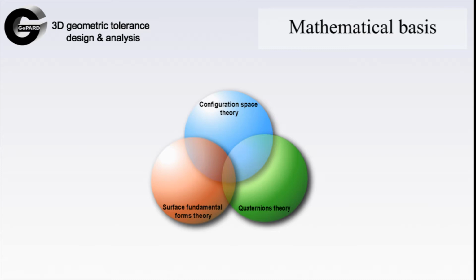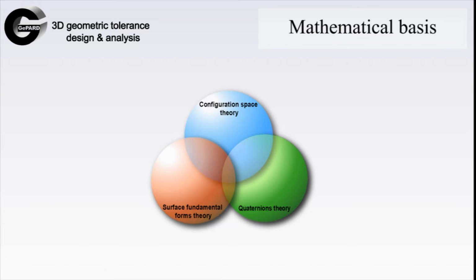We have identified the relationships between these theories and have investigated the possibility of using them together to represent the assembly geometric elements interaction. So, we have obtained a powerful mechanism for assembly modeling and the assemblability analysis.